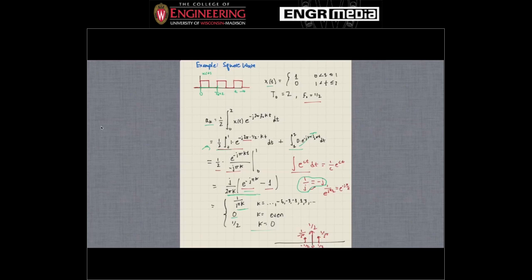For k equals 2, there's nothing there, so that's at a frequency of 1. For k equals 3, it should be at minus 3/2 and plus 3/2.